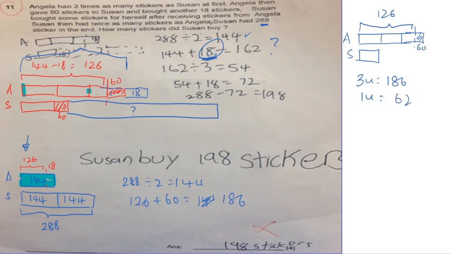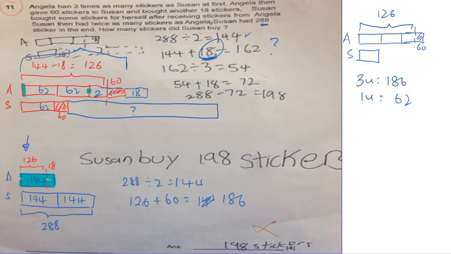So here is 62, and the whole box is 62, right? But here is already 60, so here is 2. Then I want to know what this value here is.